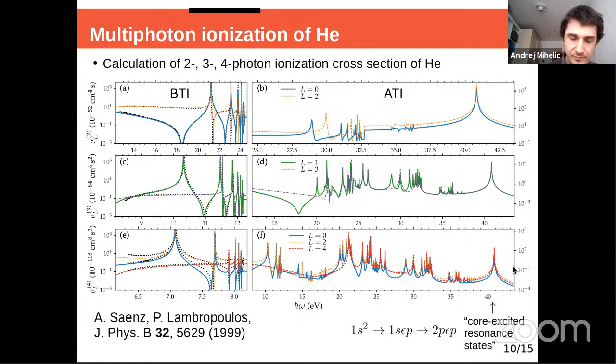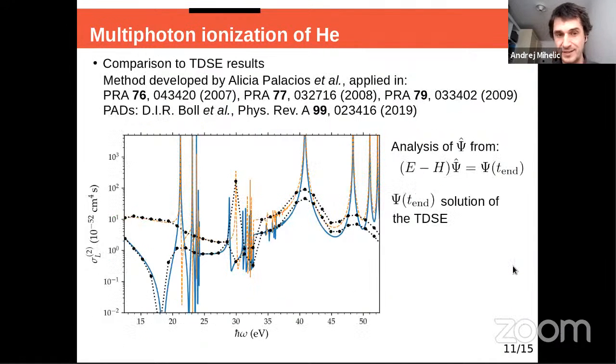Okay, so it is actually very interesting to compare the results of the time-independent calculation to the cross-sections that have been extracted from a time-dependent wave packet. We have actually used the method that has been developed by Alicia Palacios. Alicia was also kind enough to help us with the implementation of this method.